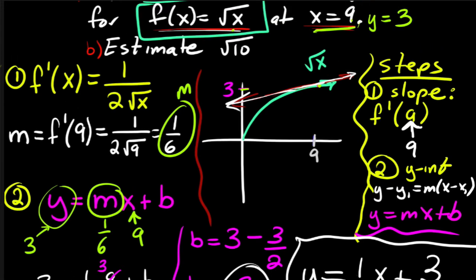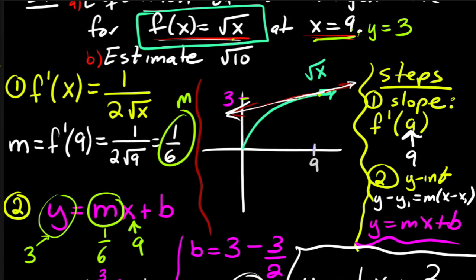And then the question is, how do I estimate square root of 10? Well, if 10 is right here, then square root of 10 is going to be right around there. Aha! But notice, this is key, my tangent line at 10 is very, very close to square root of 10, which is down here.